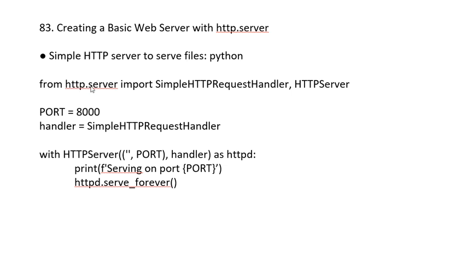So use from http.server import SimpleHTTPRequestHandler, and HTTPServer, and port equals 8000, and handler equals SimpleHTTPRequestHandler, and with HTTPServer(('', port), handler) as httpd: and inside the function print(f'Serving on port {port}'), and httpd.serve_forever().